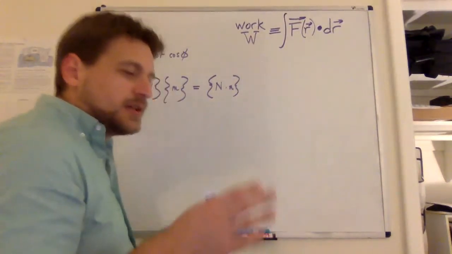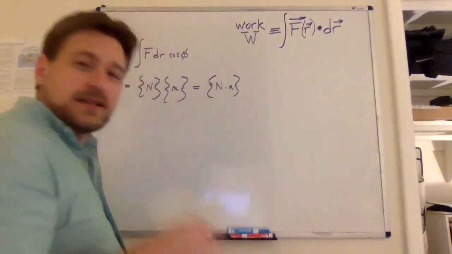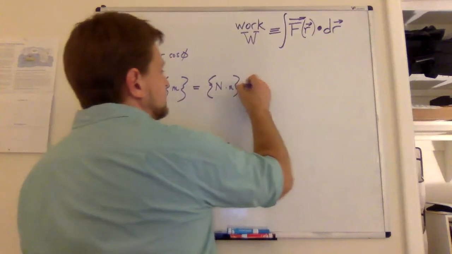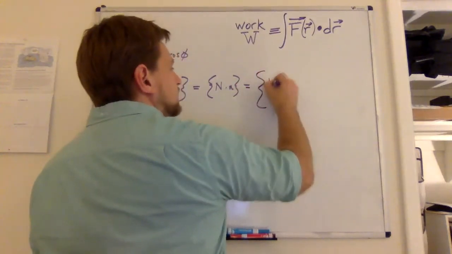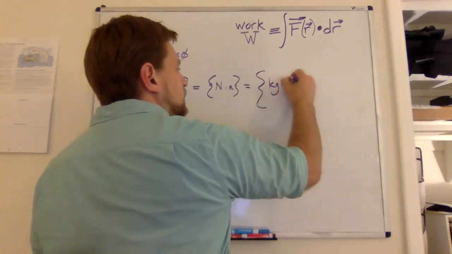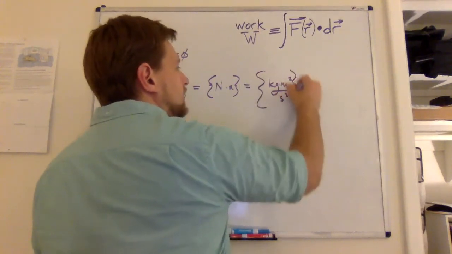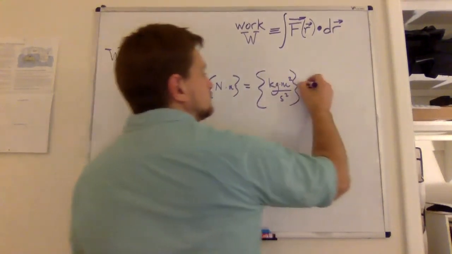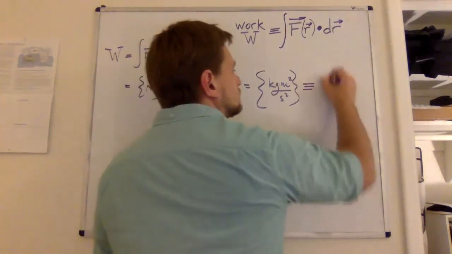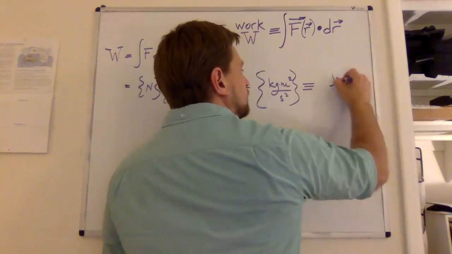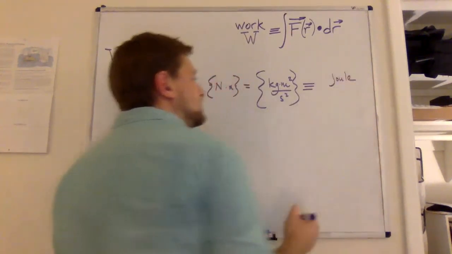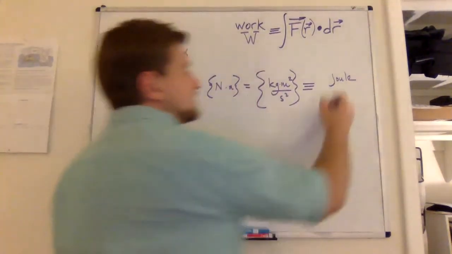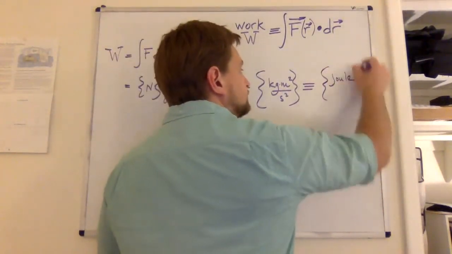Now, the nice thing about kilogram meter per second is that it was all in terms of fundamental units. This is derived units, so it's actually kilogram meters squared per second squared, and that's just too many syllables. Let's define 1 Newton meter as 1 joule.